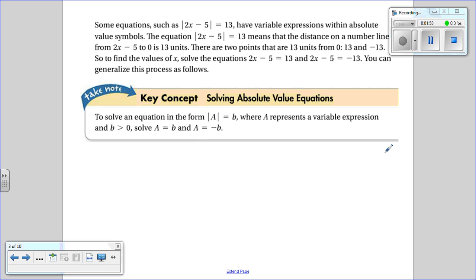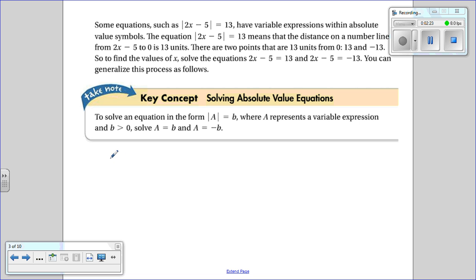Some equations involve something like this. You can write this key concept down, but I believe it is a little bit easier to understand this way. Whenever you get it down to just the absolute value symbols, you set it equal to the value here as well as its opposite.